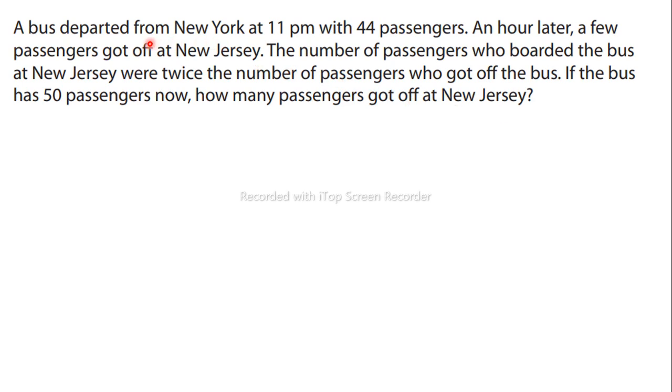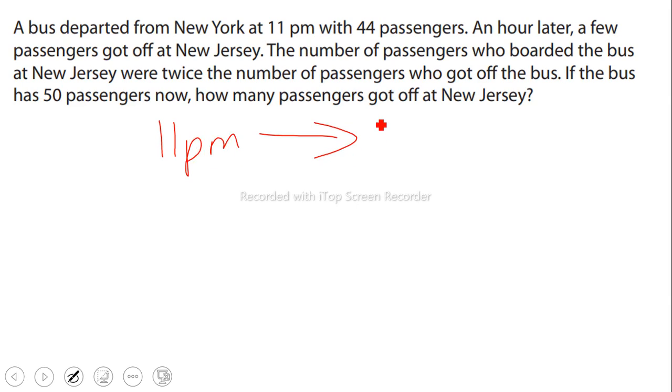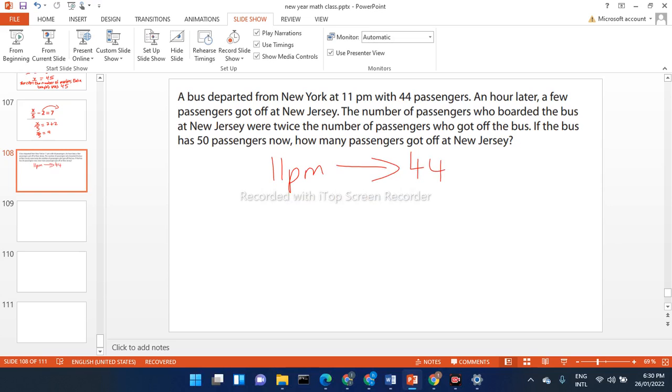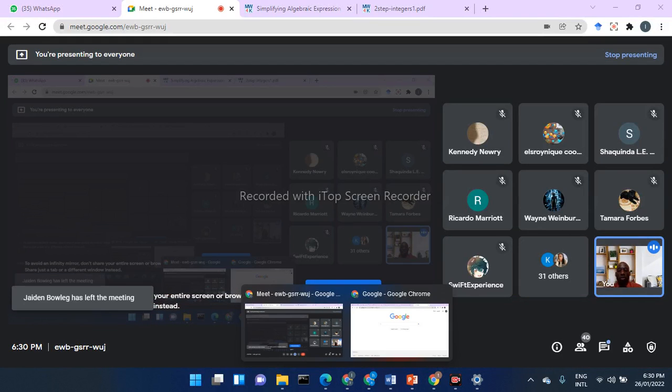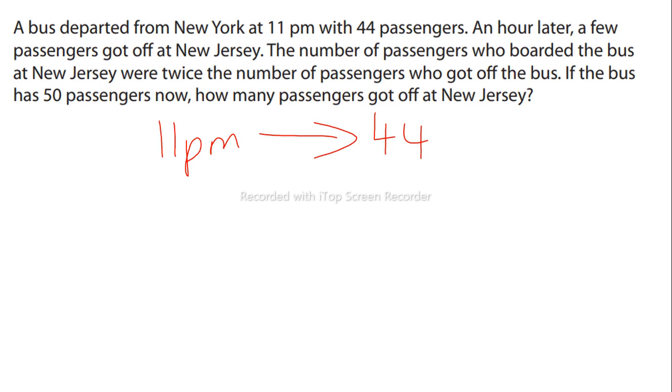So we have a bus departing from New York at 11 p.m. So let's break this down. At 11 p.m., we have a bus leaving from New York. And how many passengers are going to be in that bus? 44 passengers, right? And so after that, we have 44 passengers here.